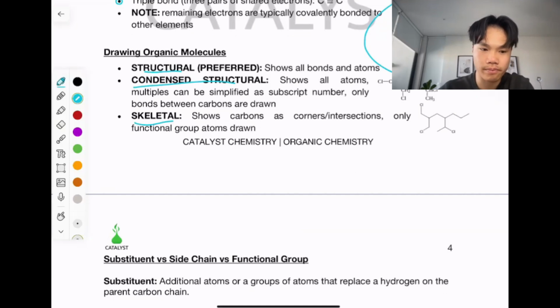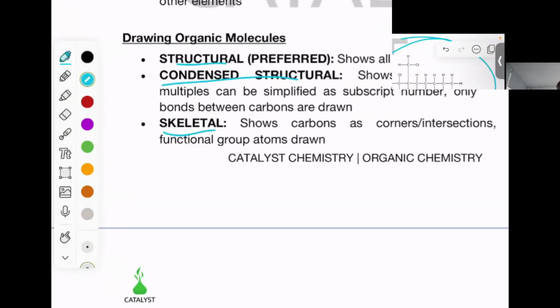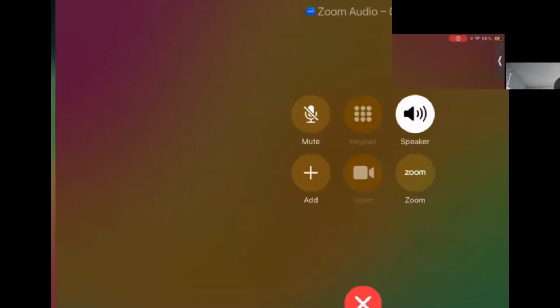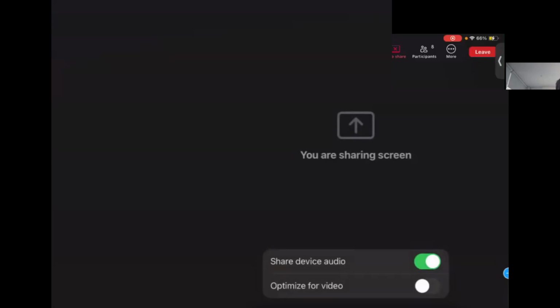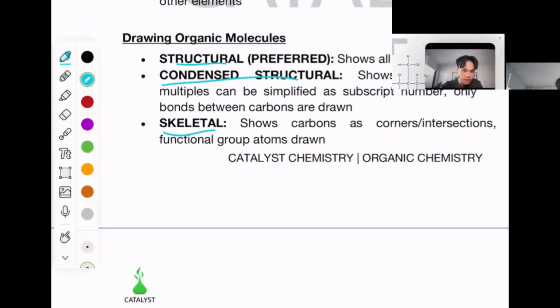Are you gonna put the notes in the chat, or is it the same notes that we already have? Am I sharing my screen? Yeah, you are. These should be the same ones, but I'll put them in the chat as well. Oh, yes.